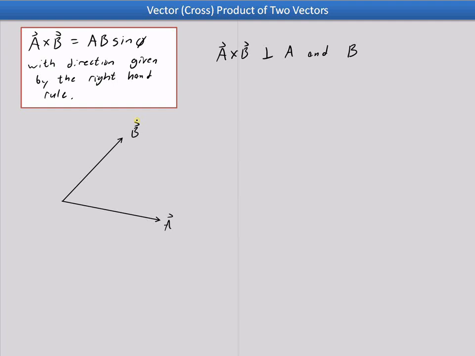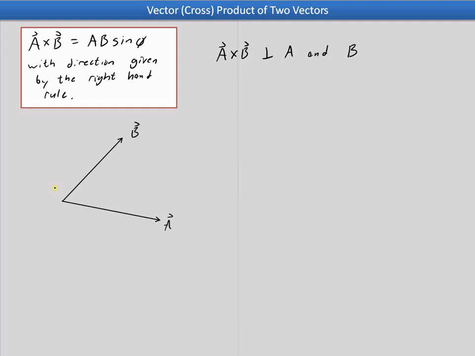Then the cross product between them has to be perpendicular. So if both of these are in the slide, then A cross B has to be pointing either straight out of the slide right at you or straight into the slide. Those are the only directions that are perpendicular to both vectors.